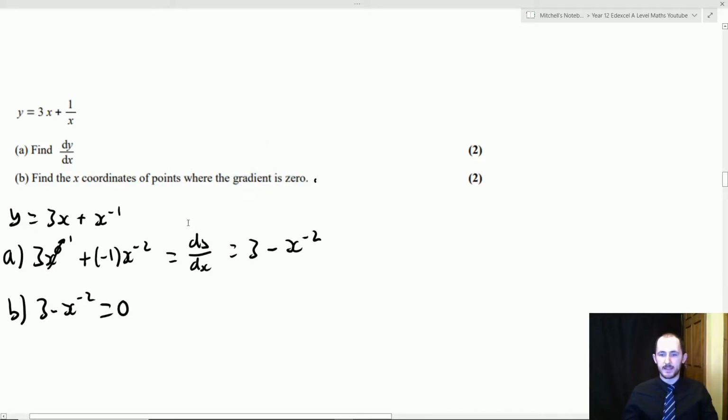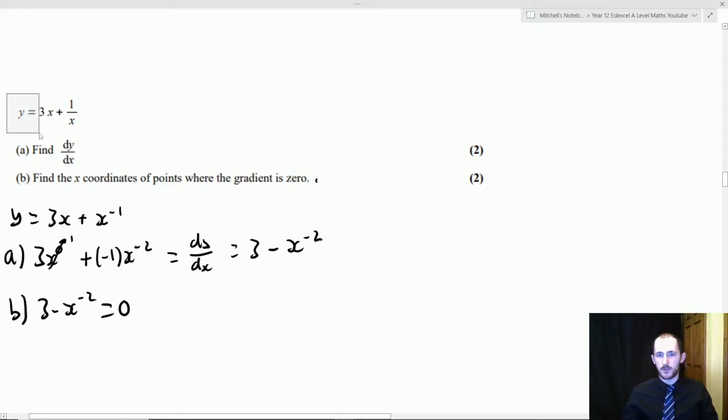The gradient is dy by dx. It's not d squared y by dx squared. So it's not the second differential, it's the first. That's a key mistake that certain pupils make, is they don't know whether to make dy by dx 0, or d squared y by dx squared 0. If they're talking about the gradient, you're always going to take the first differential as 0.